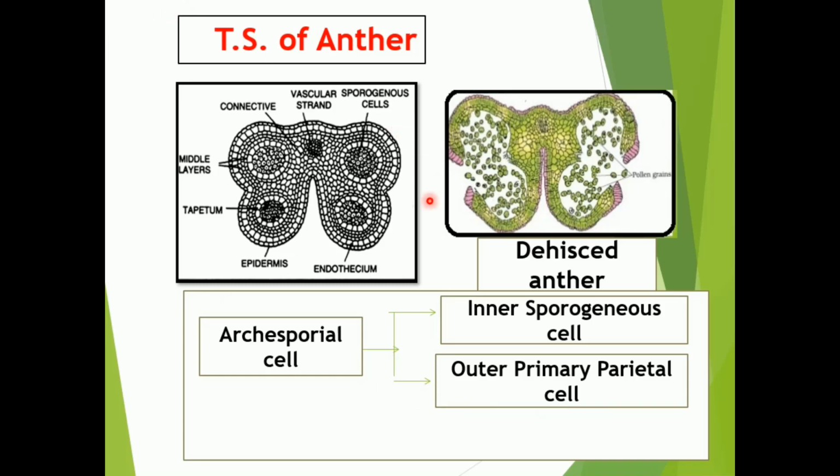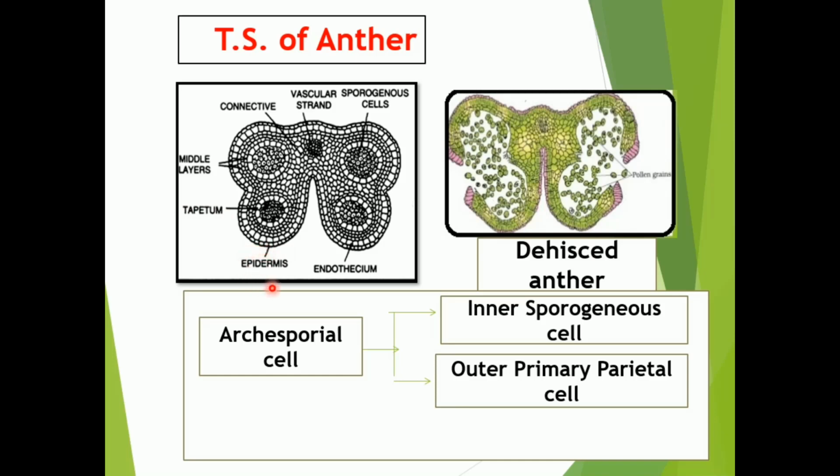If you observe the structure of TS of anther, it contains four layers. First layer is epidermis, second is endothecium, third is the middle layer, and fourth is tapetum.